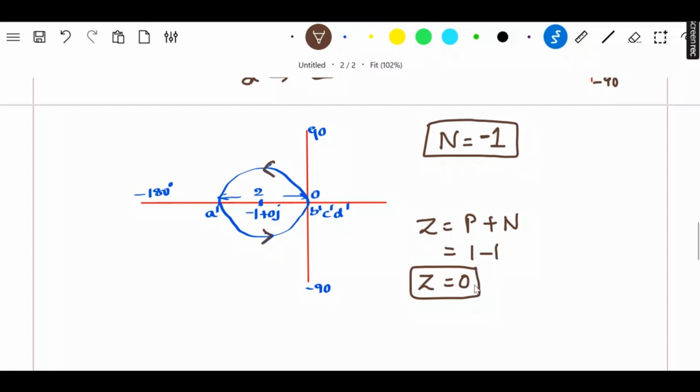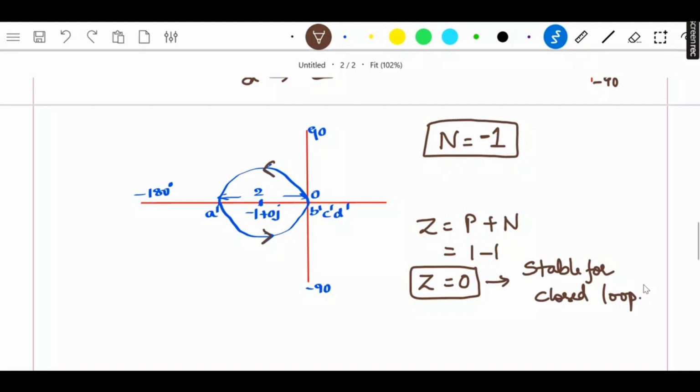Our system was unstable for open loop, but as Z equals 0, the system now is stable for closed loop. So the transfer function which is given to you is actually unstable for open loop, but it is stable for closed loop. This is the plus point of finding Z. This is what the Nyquist stability criterion is important for.